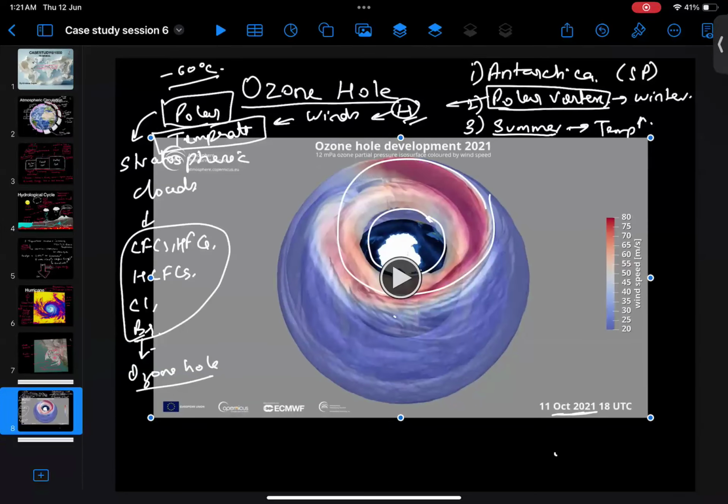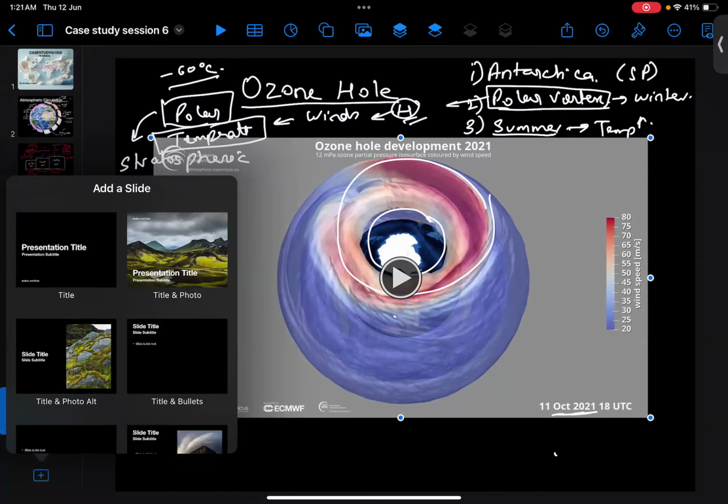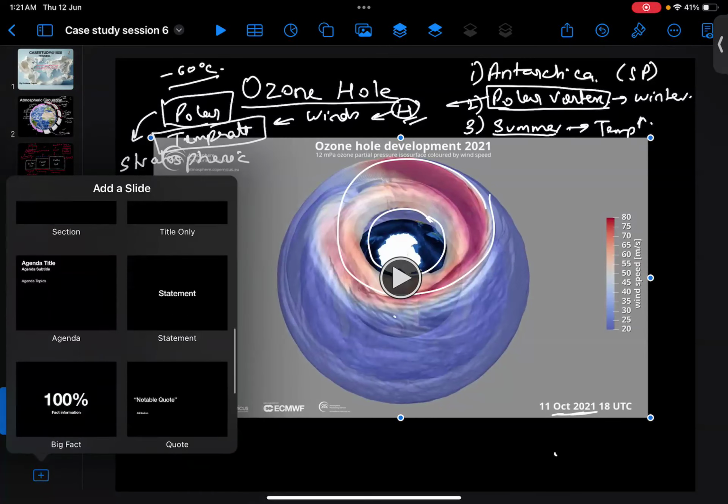So this is one of the conditions which we can see that is happening with respect to the ozone hole. Now, when we talk about the ozone hole, there are a few things which are quite important for us to understand with respect to ozone.